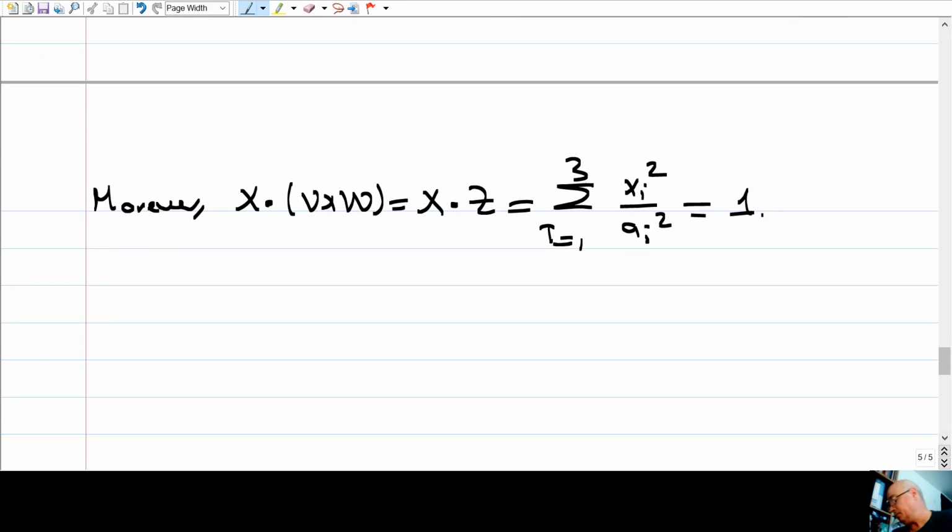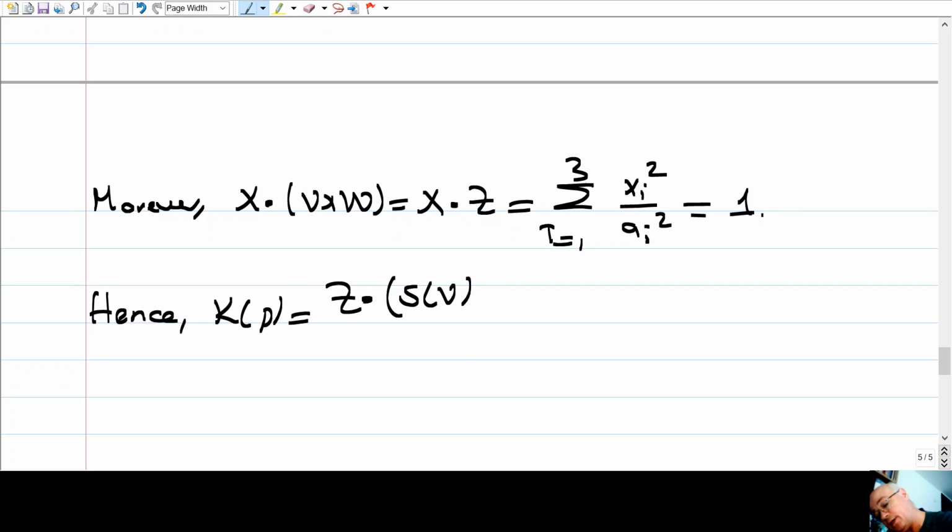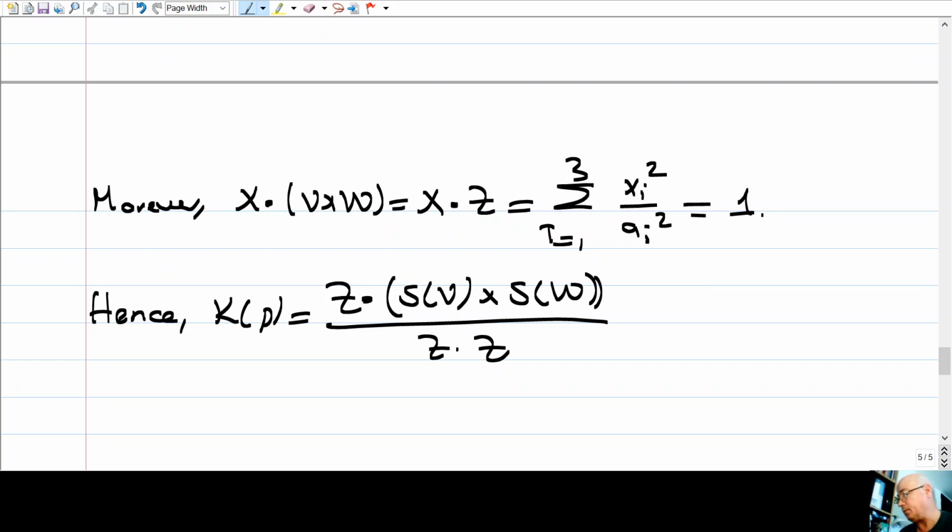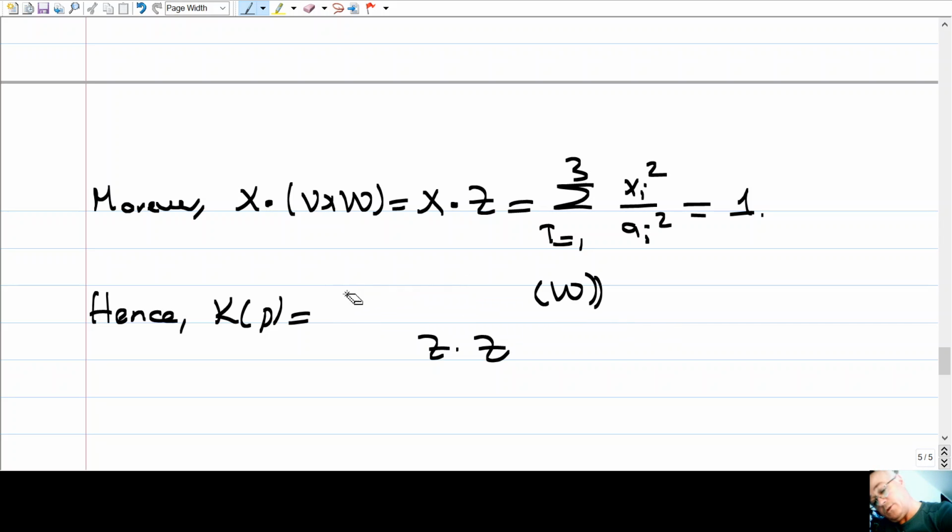Hence, the Gaussian curvature, which is just z dot product with sv cross sw divided by z dot z, okay, so we have this.